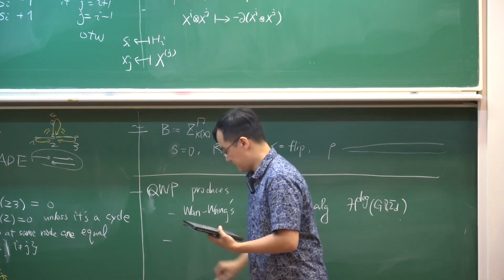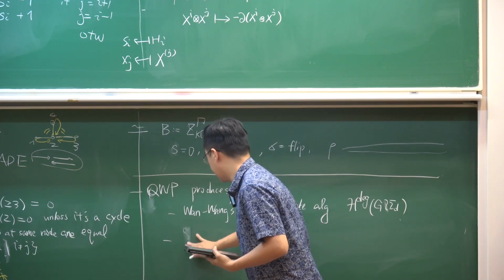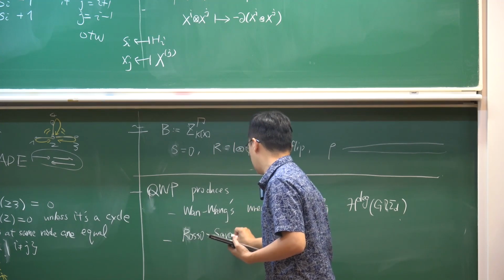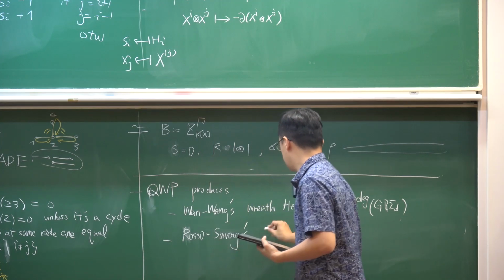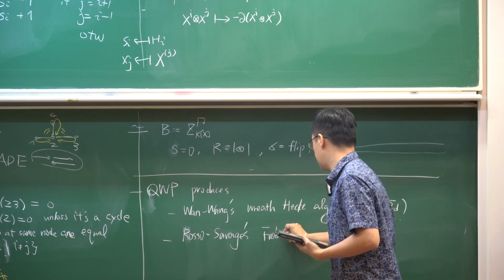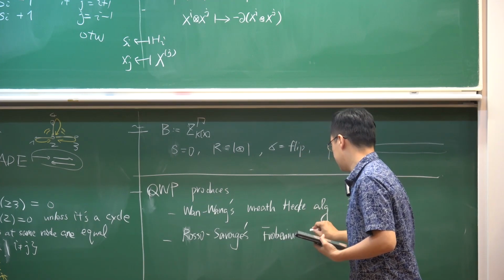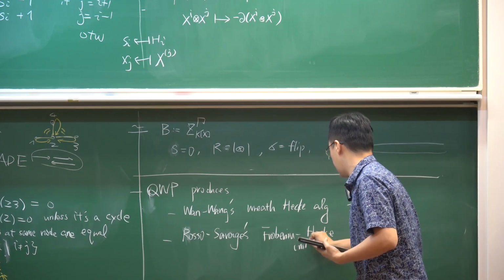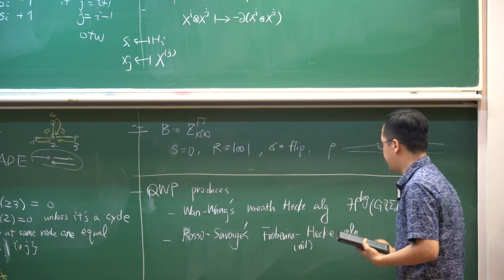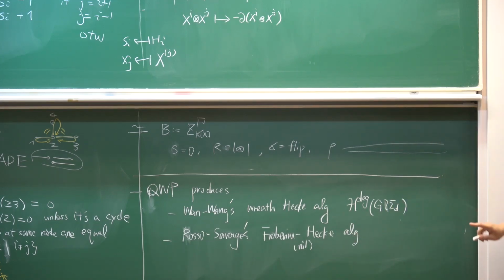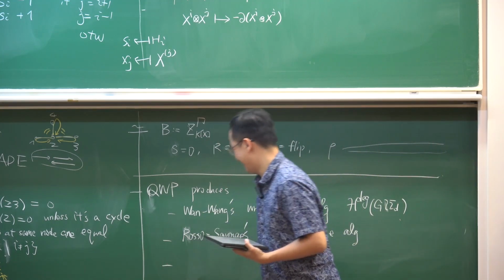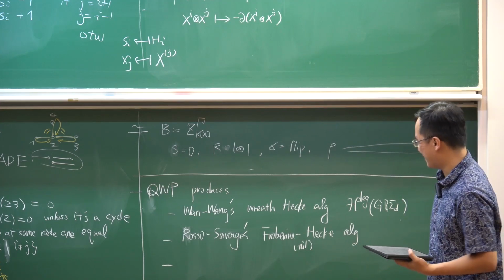And also Russell-Savage's Frobenius Hecke or neo-Hecke algebra. So they have the purpose of studying this for the Heisenberg categorification, which I don't really understand, but it's good to have more connections.